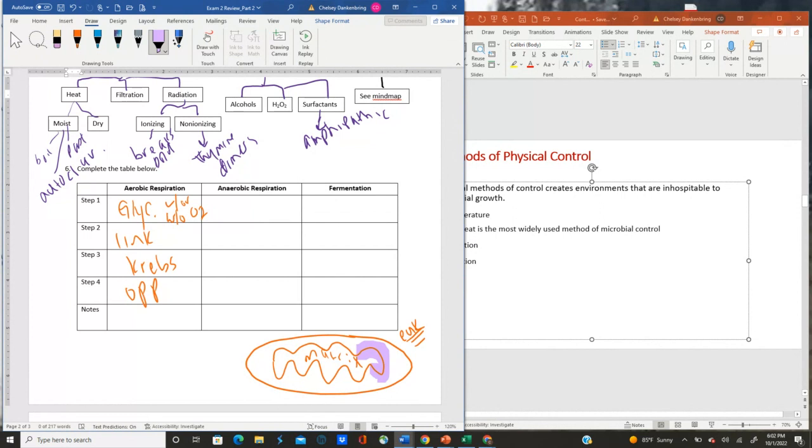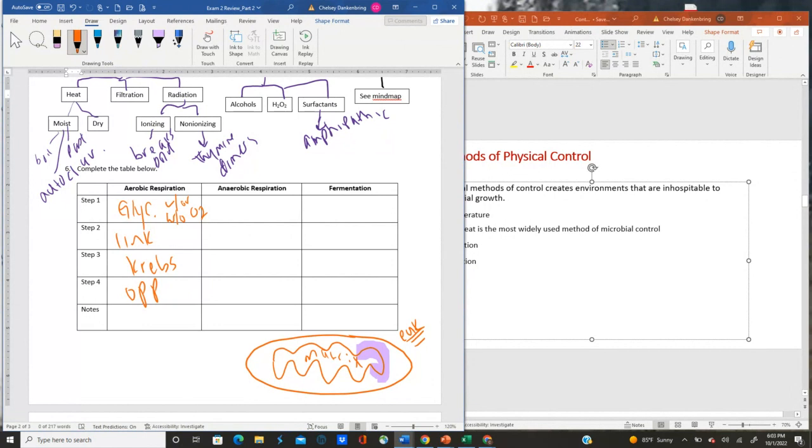Sorry about that. Okay, so what you want to really remember for this, down in the notes section, what I would put, oxygen is your final electron acceptor. And then I would make some sort of note about the location. Most of this is in the mitochondria for the eukaryotes. Most is in the cytoplasm for the prokaryotes.